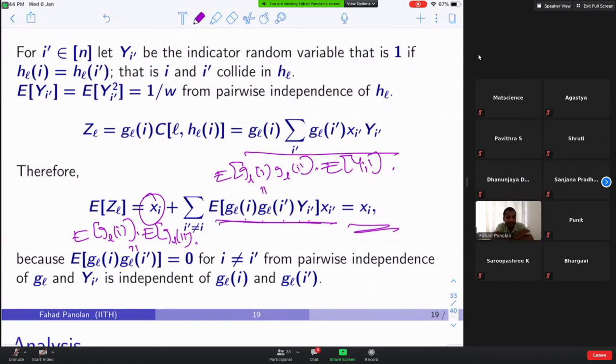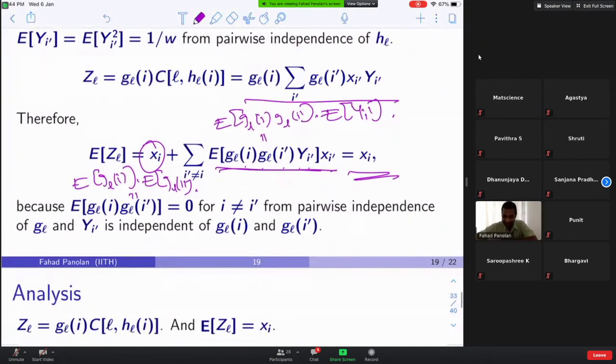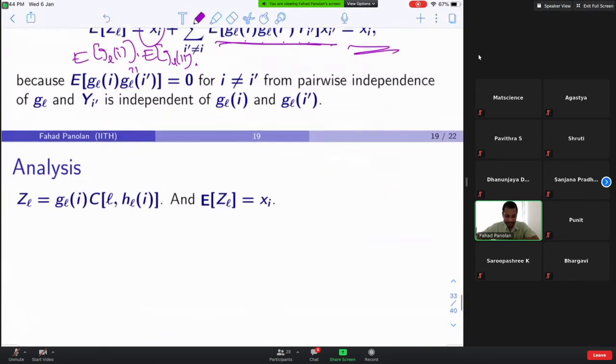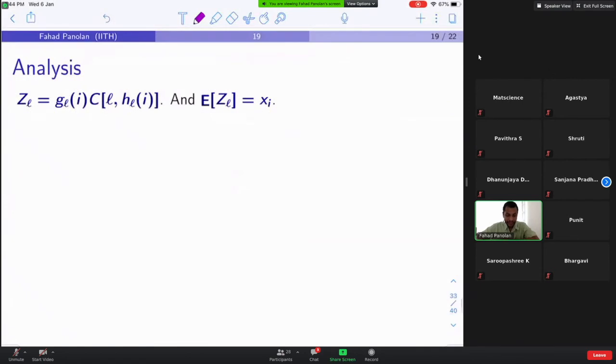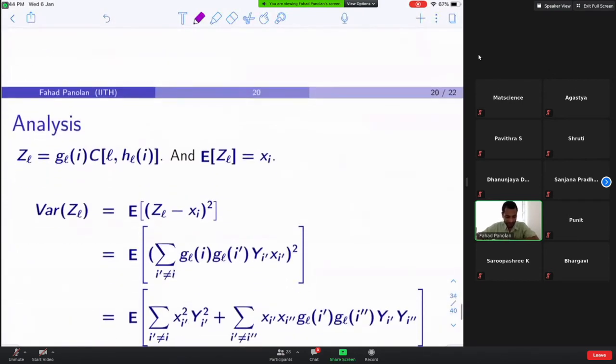Xi. Clear? Okay, so this is the magic here. So we got expected value of ZL to be Xi. Expected value of ZL equal to Xi.